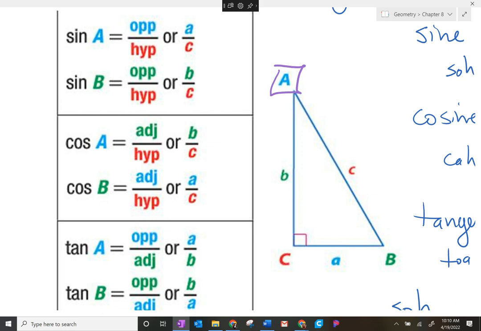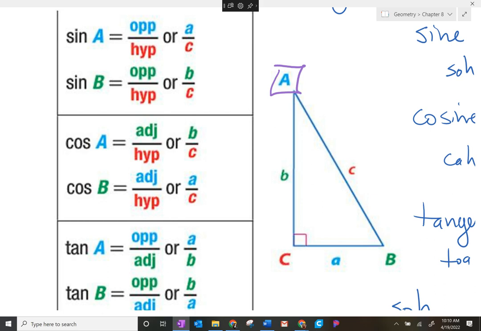So what side is touching this angle for the cosine of A? That's side B. Adjacent means it's actually touching that angle. Make sense? Adjacent is touching, opposite means it is not touching. So cosine of A would be the adjacent, B over C.